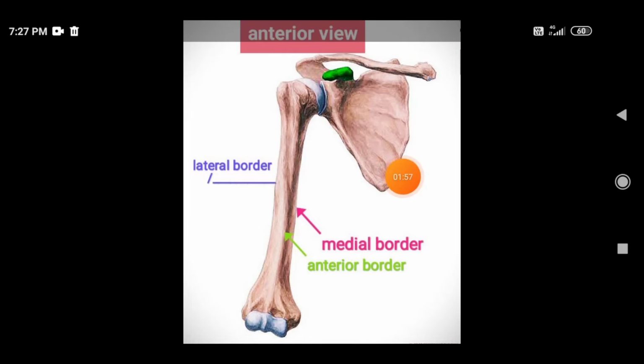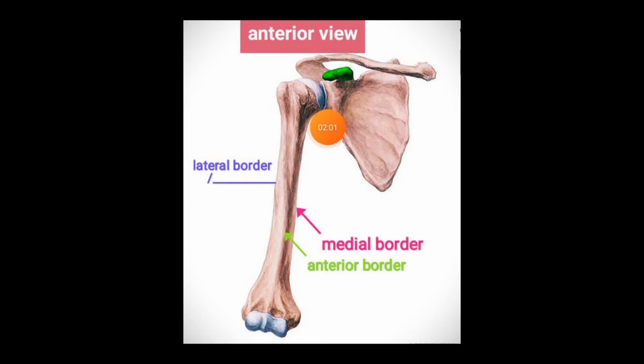Next is the medial border of the shaft. The upper part of the medial border forms the medial lip of the intertubercular sulcus. About its middle, it presents a rough strip.